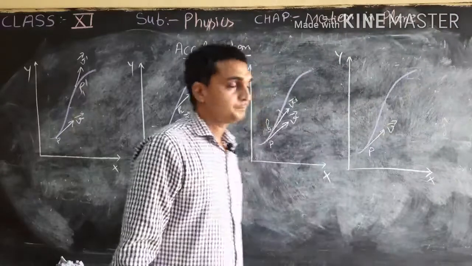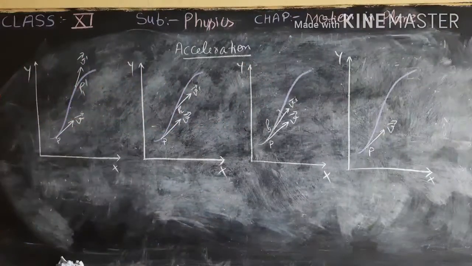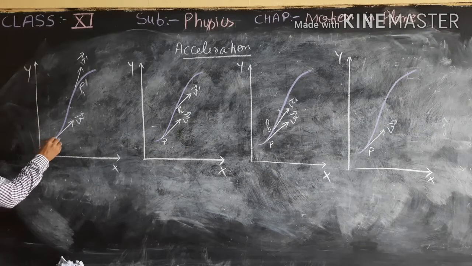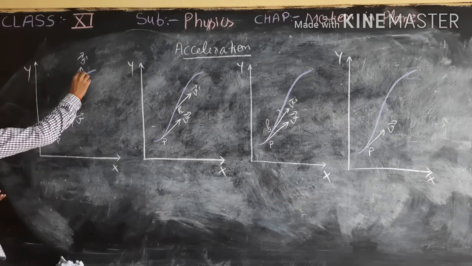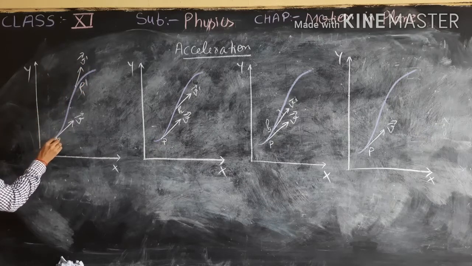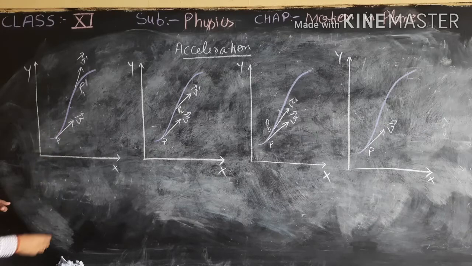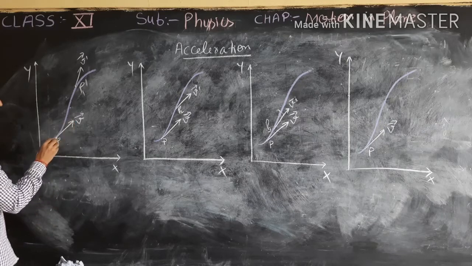Now we come to the topic instantaneous acceleration. As discussed, suppose in figure 1, the path of the particle is this. Here at point P, the velocity is in this direction.